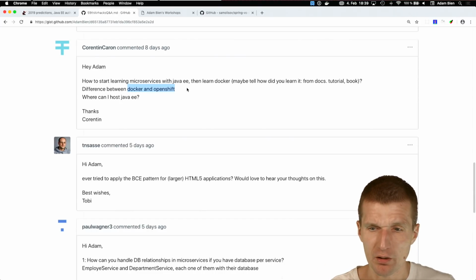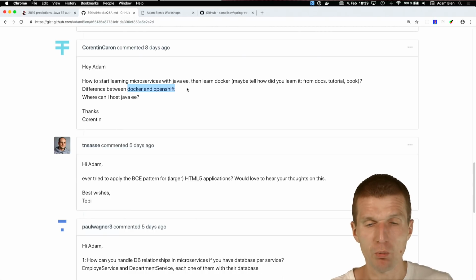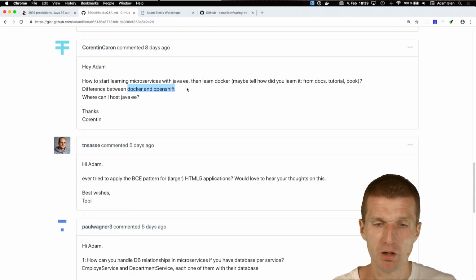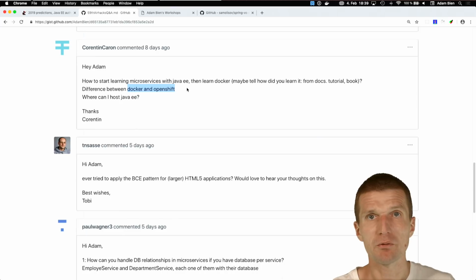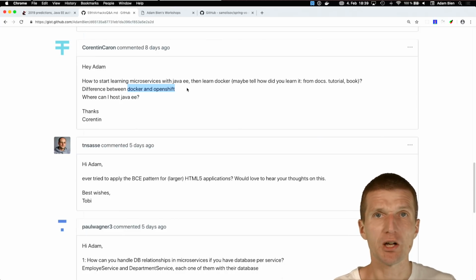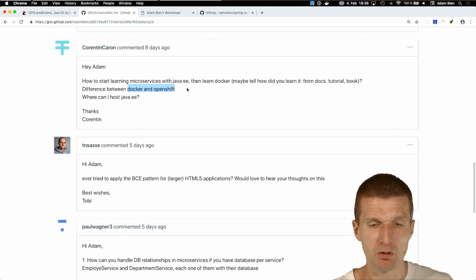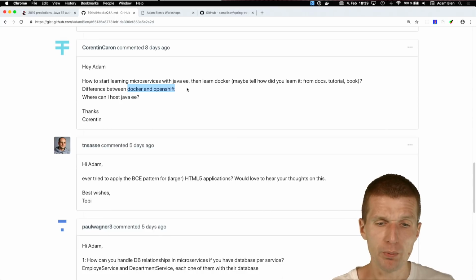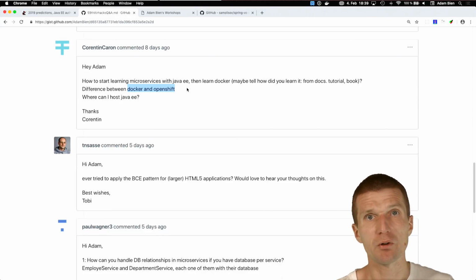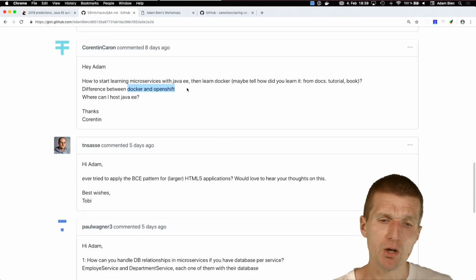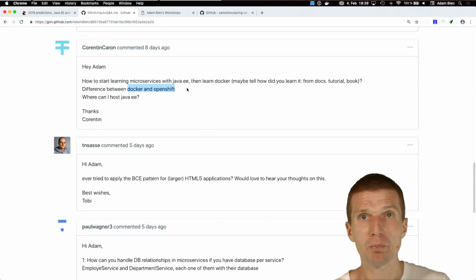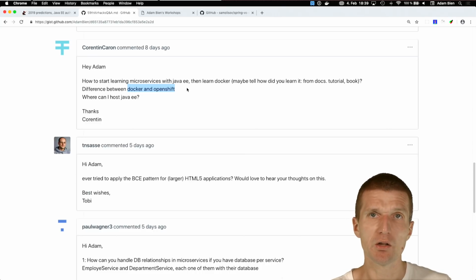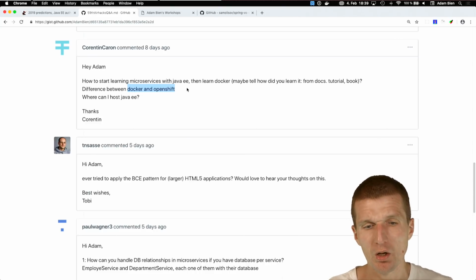Docker is like a JVM, and OpenShift would be like the management of different JVMs. OpenShift will start and stop JVMs and stuff like that. So therefore, OpenShift manages Docker containers with Kubernetes configuration and so forth for you. So I would say OpenShift is your private cloud, and the Docker is one process of such a cloud. So this is the distinction.